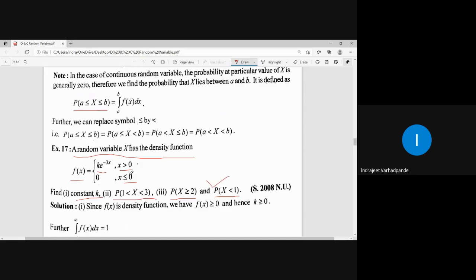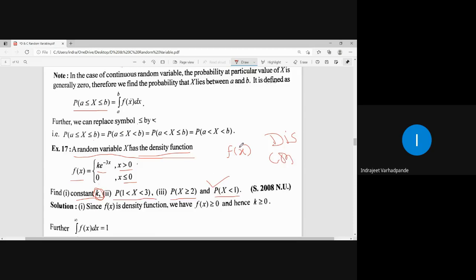But before that, what value should I know? I should know the value for k. What kind of function is it defined as? Which kind of random variable is it? Here they have used the word density function. Means this f of x is what kind of random variable? Continuous. Is it discrete or is it continuous? It is continuous. Why?